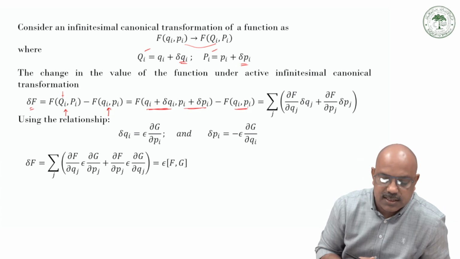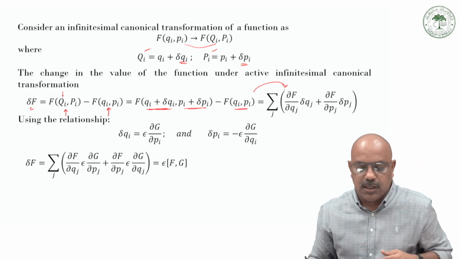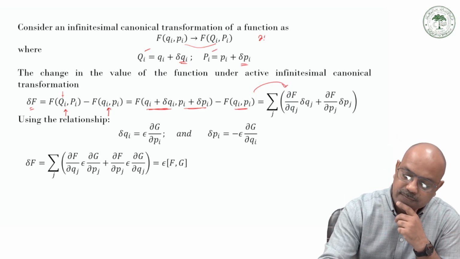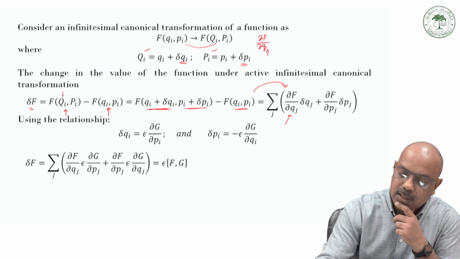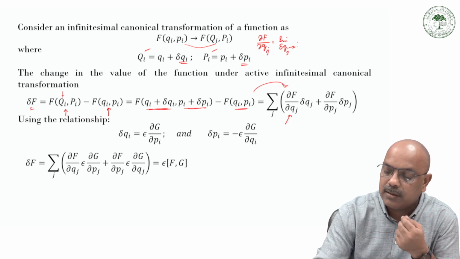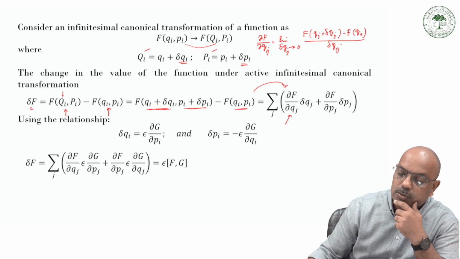We can write this transformation like this because when you differentiate, when you write delta f upon delta q, say, q_j, what you write is the limit as delta q_j tends to 0 of the value of the function at q_j plus delta q_j, minus the value of the function at q_j, divided by delta q_j. Okay, so this is what you have.